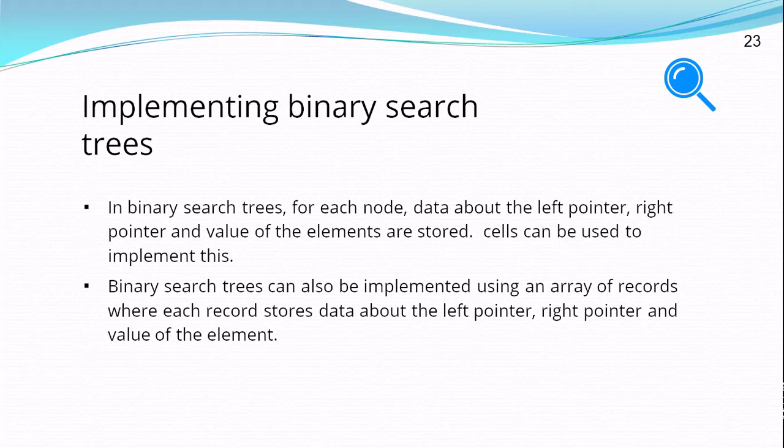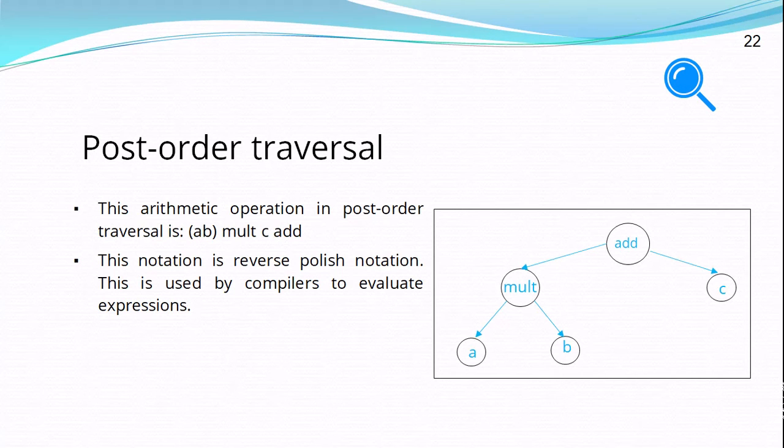And you could actually implement binary search trees using arrays of records, where each record stores data about the left pointer and the right pointer and the value of the element. And what do I mean by that?